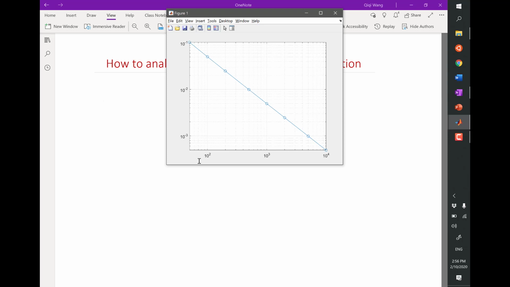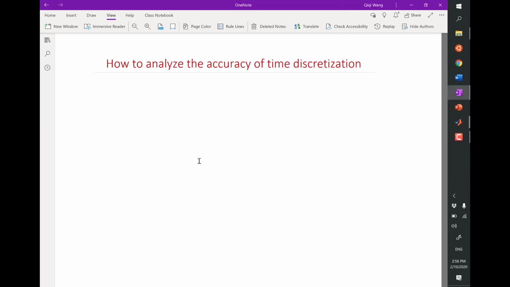What happens if we already have a very big n and we further increase it? When n goes to infinity, what happens to my delta t? My delta t goes to 0. So the formal mathematical analysis of the time discretization is what happens to the error of the approximation when my delta t goes to 0. We are approximating the time derivative. How do we perform that analysis?